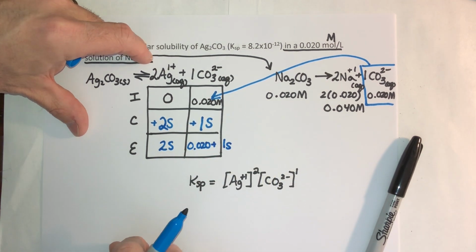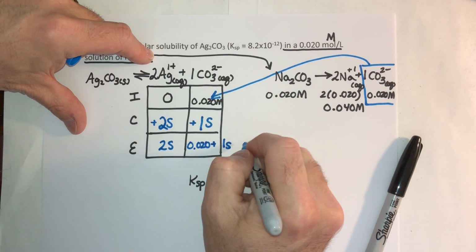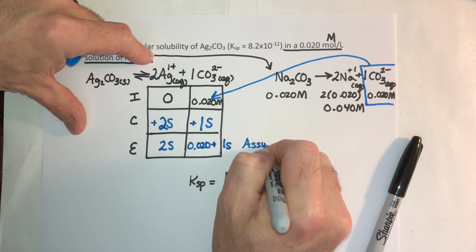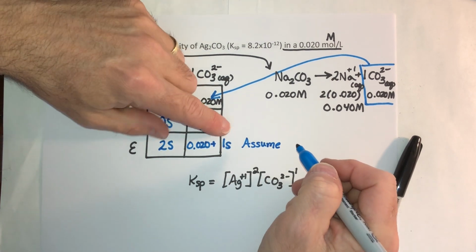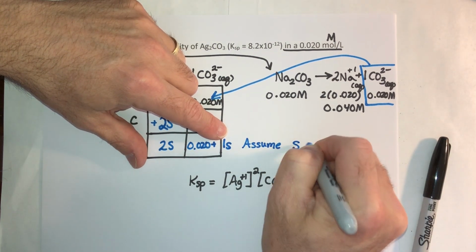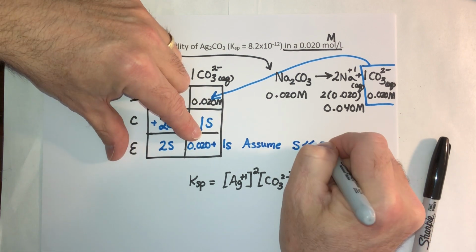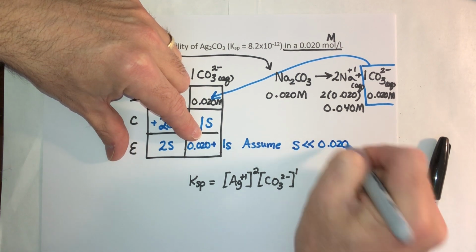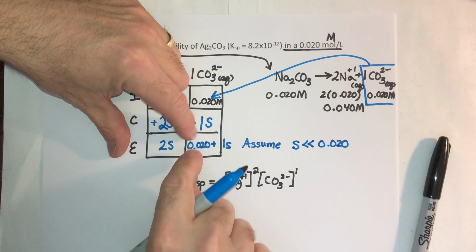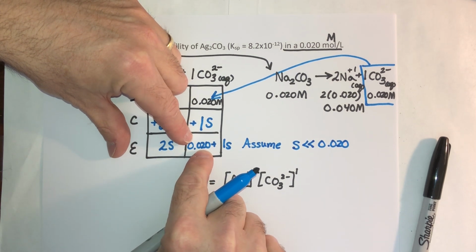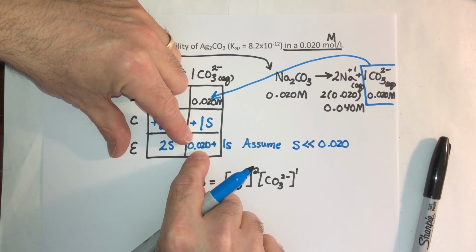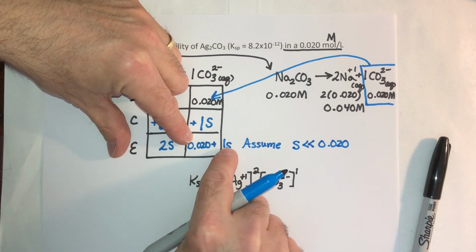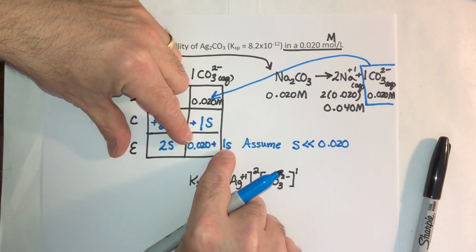Maybe my table should have been a bit bigger. Now again, we're going to make a little bit of an approximation. We are going to assume that the S is so much smaller than the 0.020. Now I realize that 0.020 is tiny, right? That's a small number. But what I'm going to assume is that the plus 1S is even smaller.